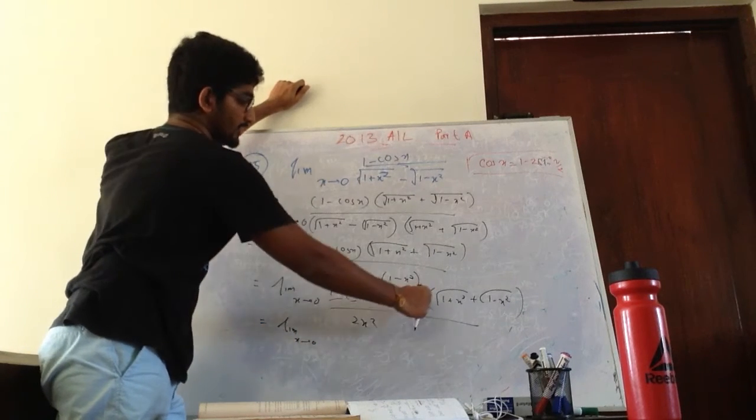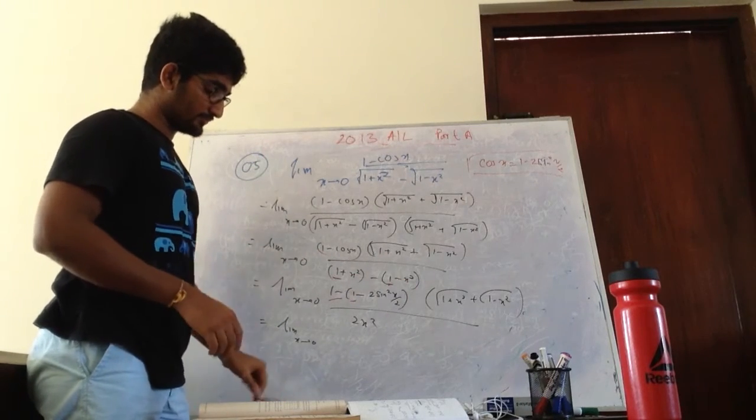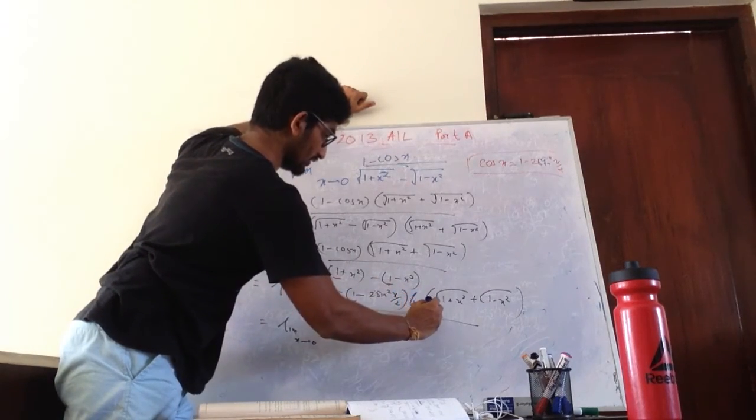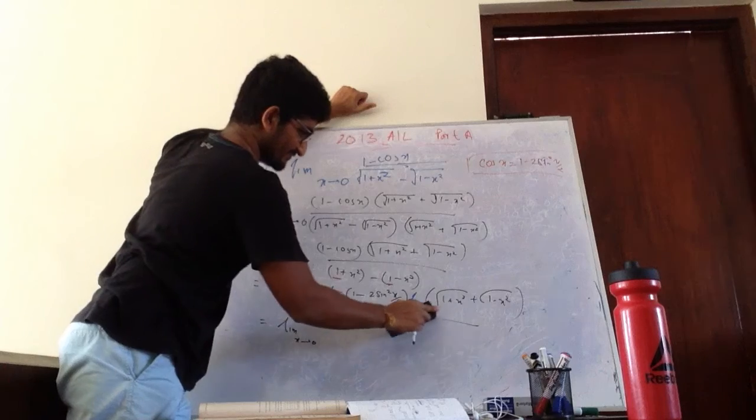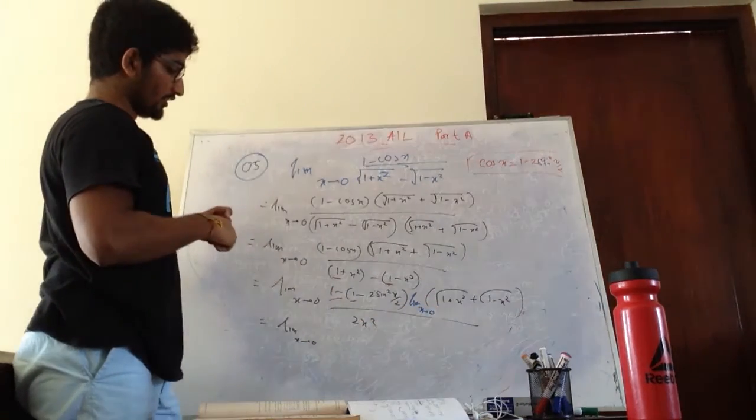so I'm going to put the limit here now because it's being a pain. No, I'm going to put the limit here. This goes to 0. Limit x goes to 0. Correct?